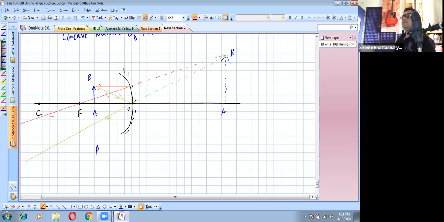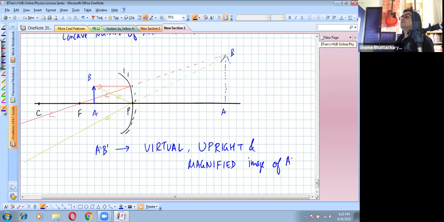So that is why you can see over here that A prime B prime becomes the virtual, upright and magnified image of AB.